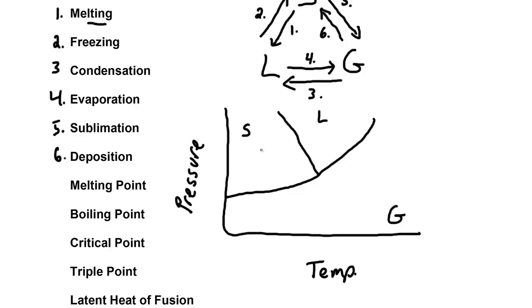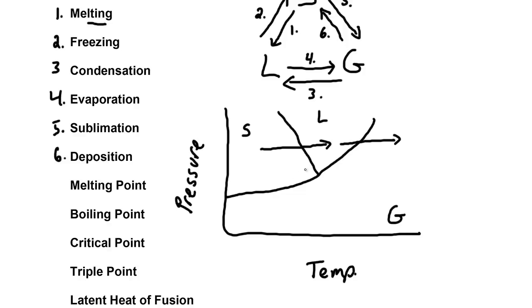By keeping the pressure constant and just increasing the temperature, we go from the solid state into the liquid state. Then, of course, we call that melting again. And then we could also increase the temperature from the liquid state and go directly into the gas state. And from the liquid state to the gas state, we would call that evaporation.